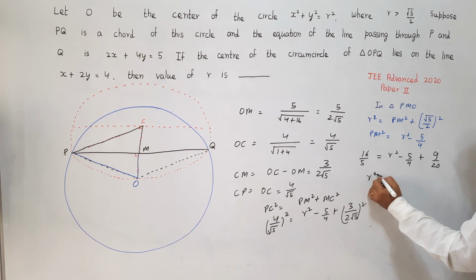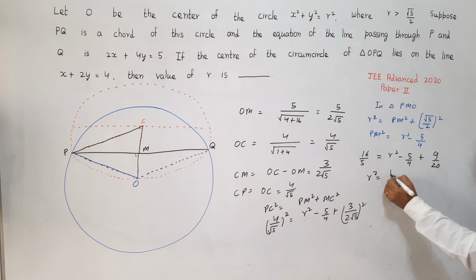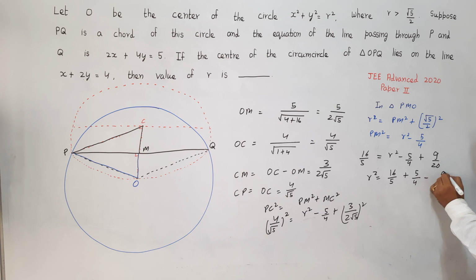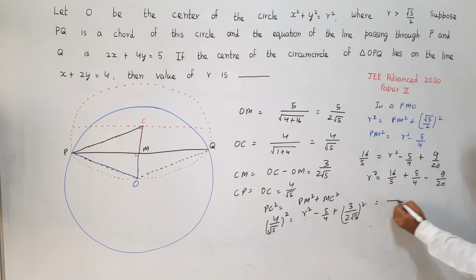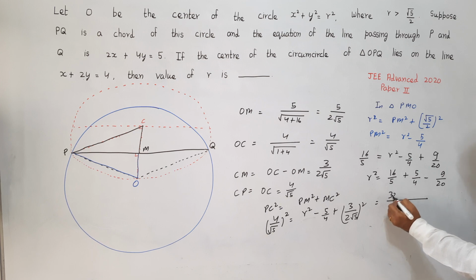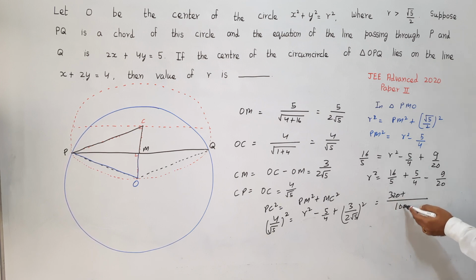So what is R square? Simply take the other terms to the left hand side. So this gives me 16 by 5 plus 5 by 4 minus 9 by 20. Here if you calculate, the LCM of 5, 4 and 20 is 100. So 20 into 5 is 100 and 20 into 16 is 320, plus 25 into 4 is 100 and 25 into 5 is 125, minus 20 into 5 is 100 and 9 into 5 is 45.